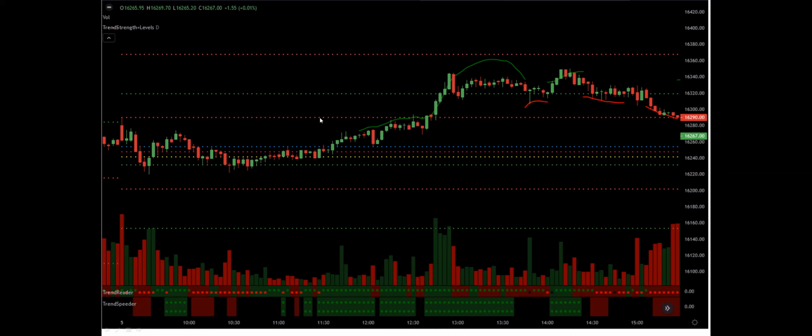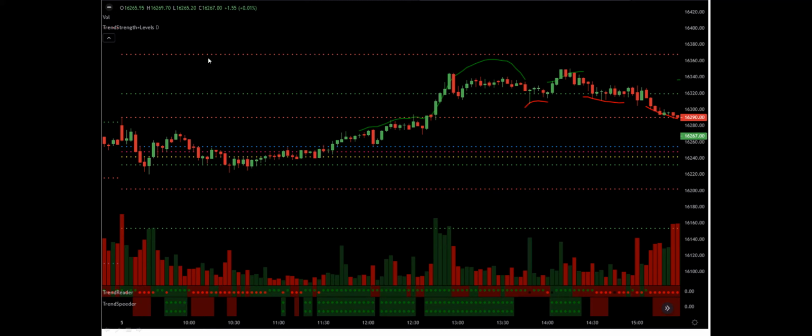The upper ones are pivotal lines based on the Camarilla calculations. H1 and H2 we are ignoring, as they are not of that importance. We use H3, H4, H5 on the upper side and L3, L4, L5 on the lower side.